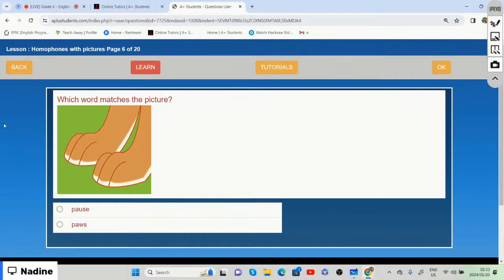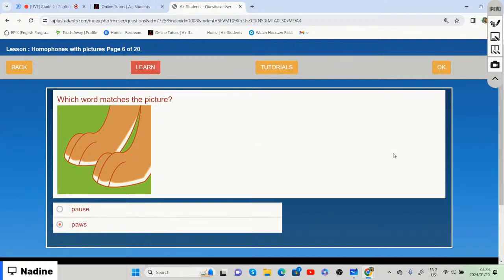All right. If we choose the correct one, we will choose the second one. So we have pause and paws.